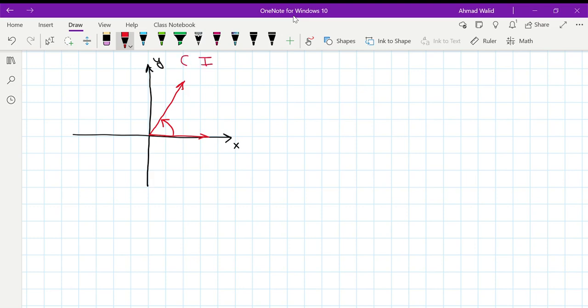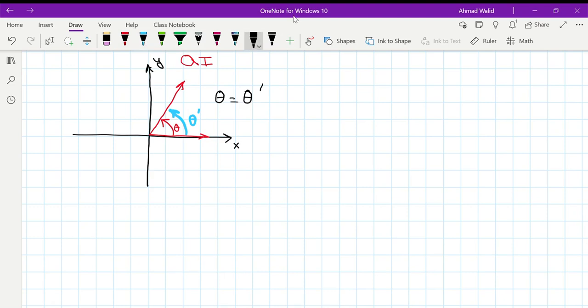In quadrant 1, always your theta is equal to theta prime. It means the reference angle is the same. If the red one is theta, the blue one is theta prime. Remember this: quadrant 1, theta equals theta prime.